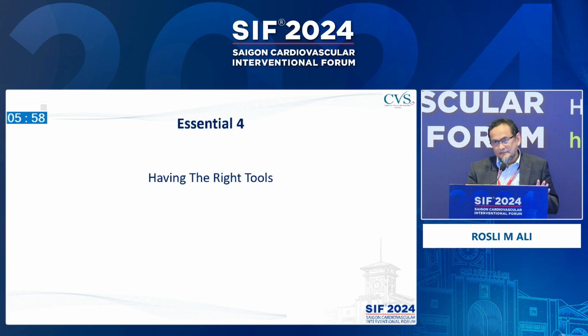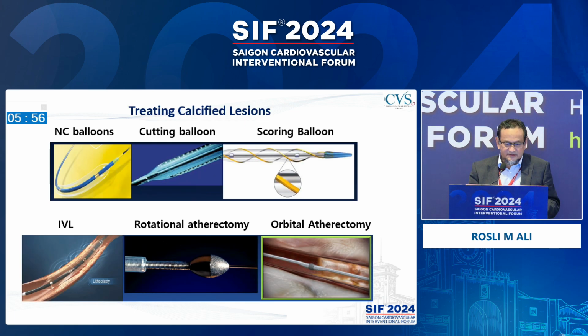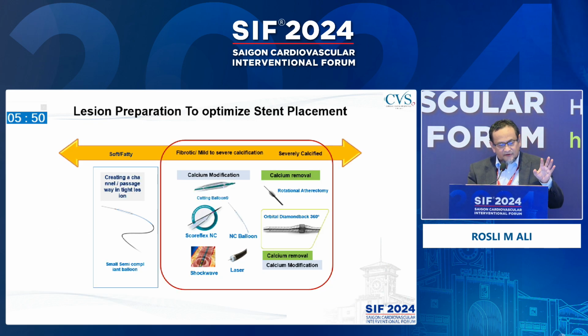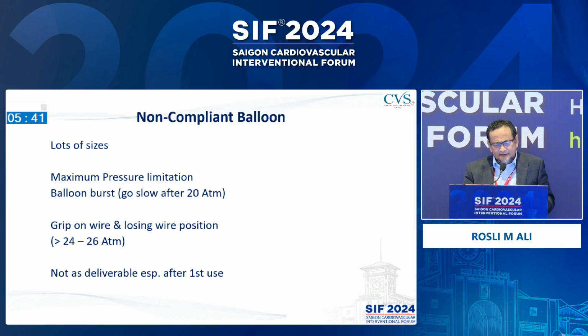Essential number 4, having the right tools. I think this is very important. These are some of the things that I use for treating calcified lesions. Calcium modification is with the specialty balloons. Calcium removal or debulking is with the atherectomy devices. Now, with non-compliant balloons, I just want to share that there are different types of balloons.